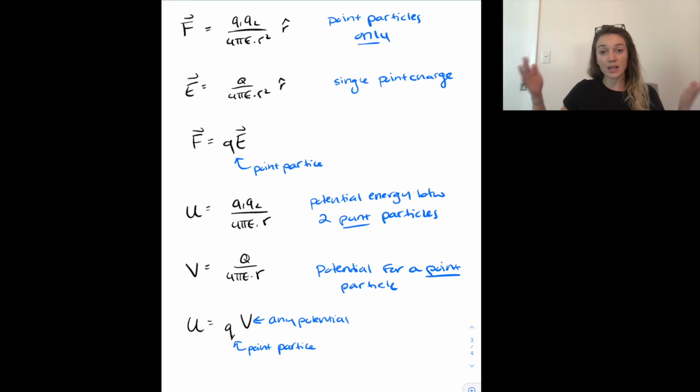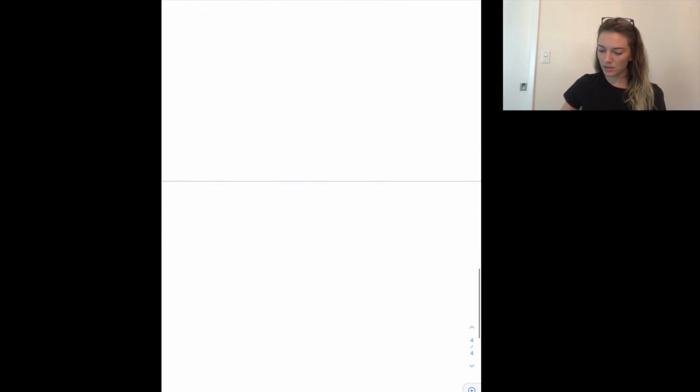It could be the potential created by a capacitor. It could be the potential created by an infinite line. It could be any potential. This equation will always hold. So if you're looking for the potential energy of a point charge in some arbitrary electric potential, this equation is how you do it. Okay, now let's go on to Gauss's law.